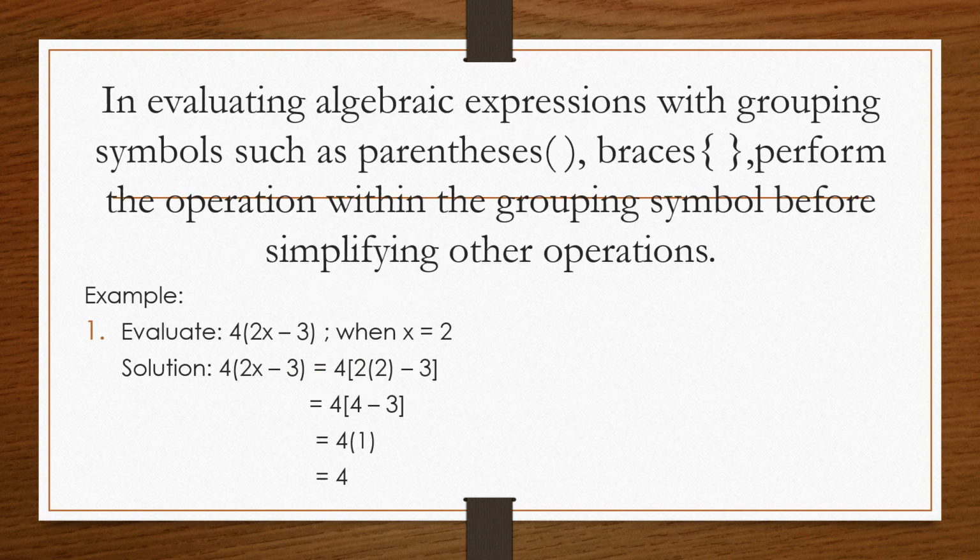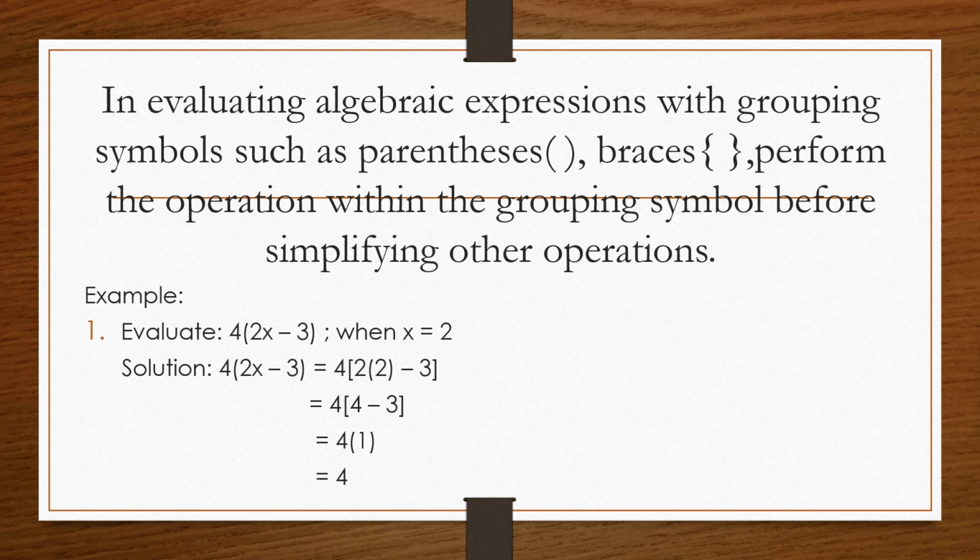Next, in evaluating an algebraic expression with grouping symbols such as parentheses and braces, perform the operation within the grouping symbol before simplifying other operations. For example, evaluate 4 times the quantity 2x minus 3 when x is equal to 2.